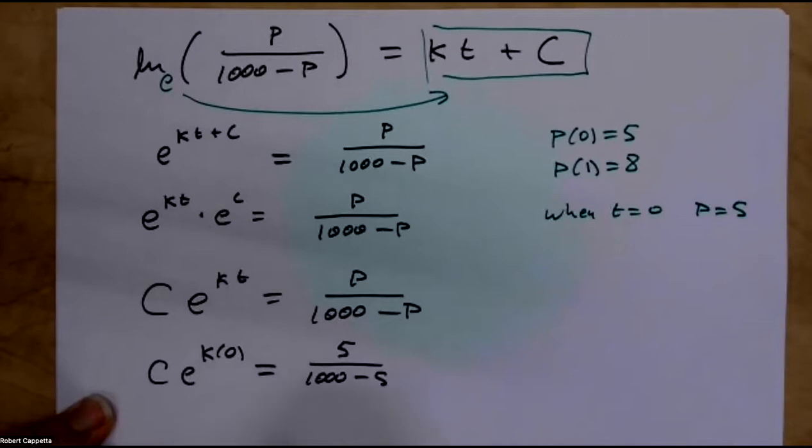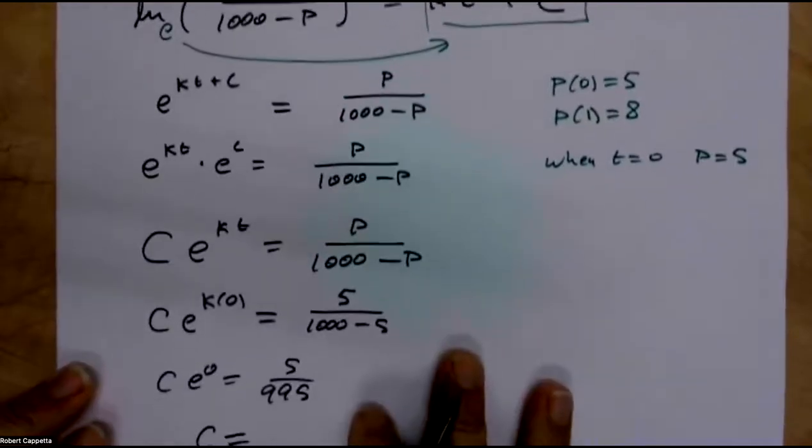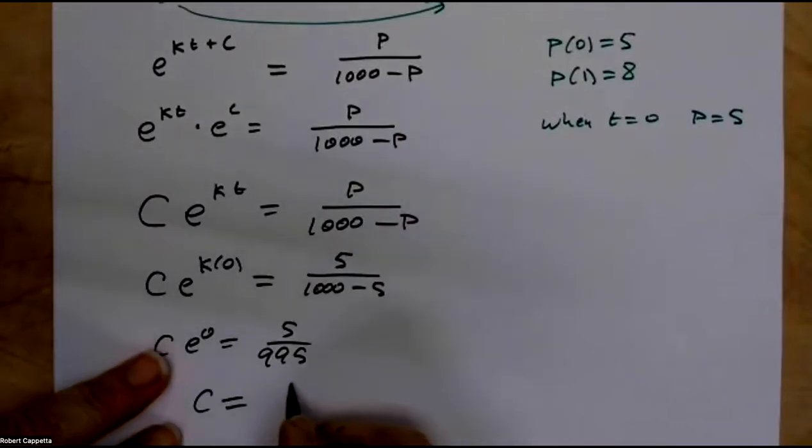E to the 0 is 1, so we get C times 1 equals 5 over 995. So C equals, what is 5 over 995? 1 over 199.